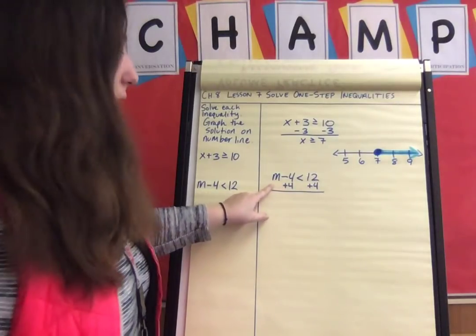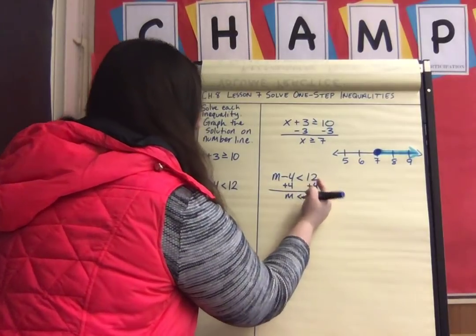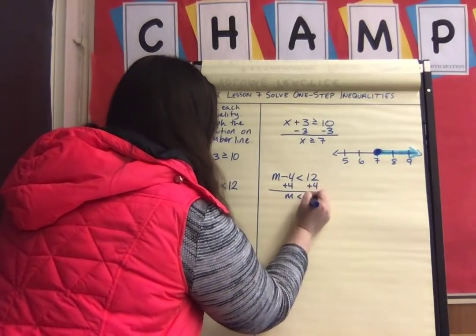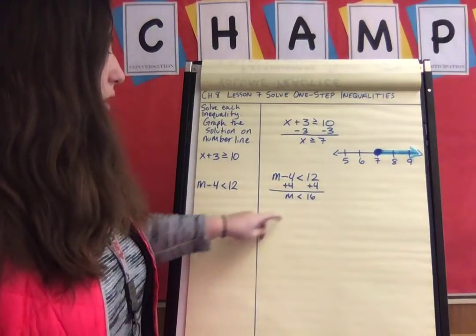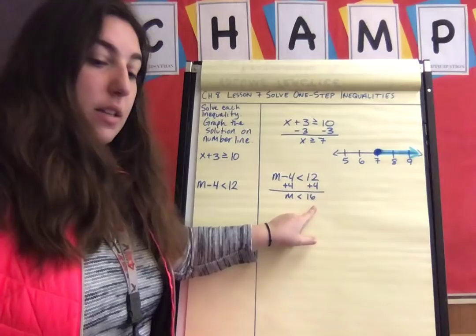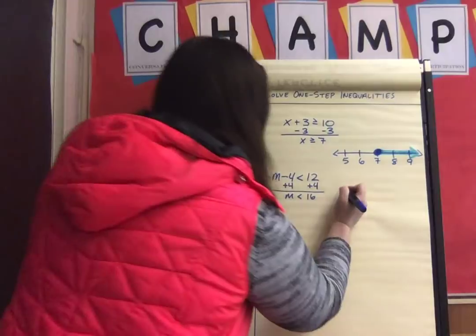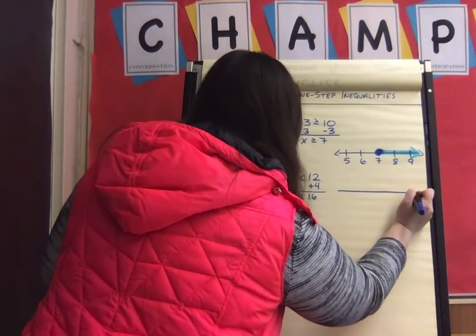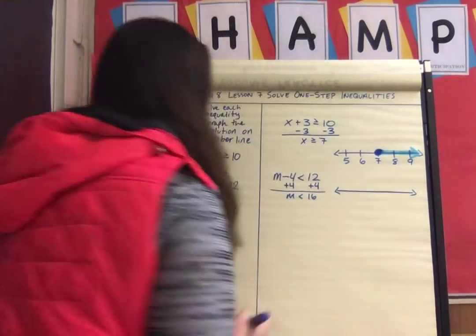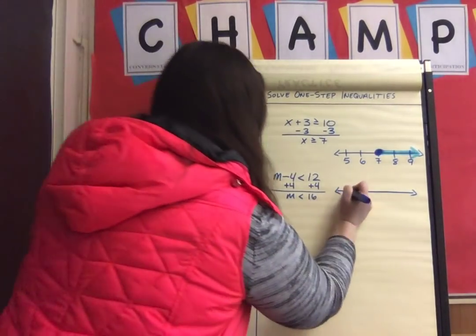So I'm left with m on this side. And 12 plus 4 is 16. Okay, so then I know that m is less than 16. Okay, so I'm going to graph. Again, I'm drawing a new number line.